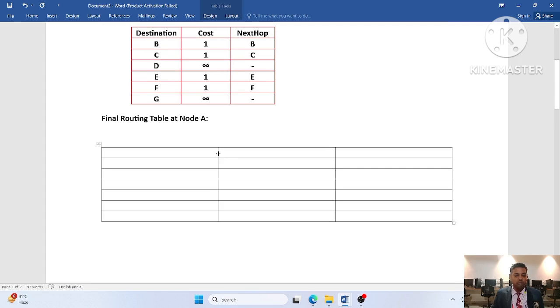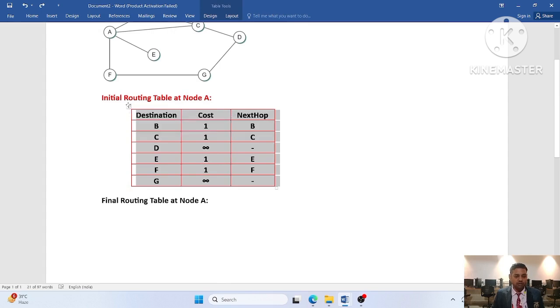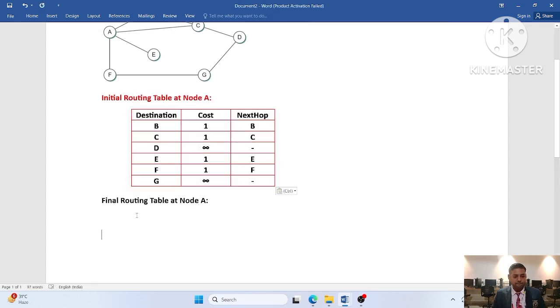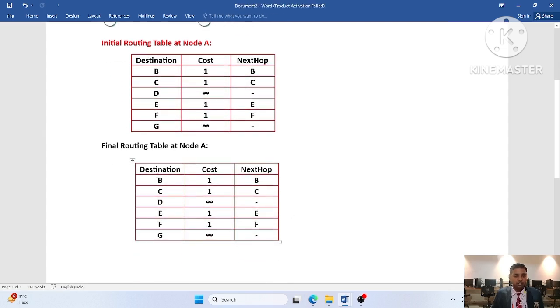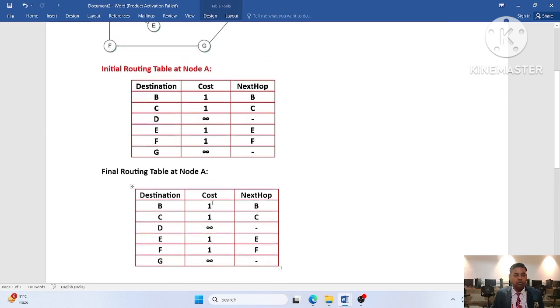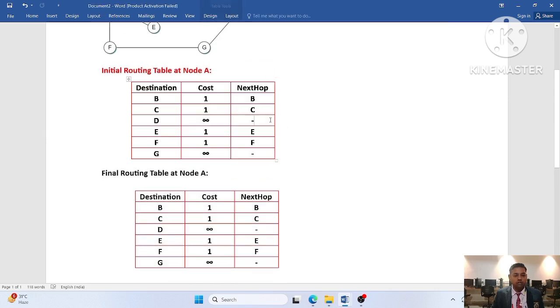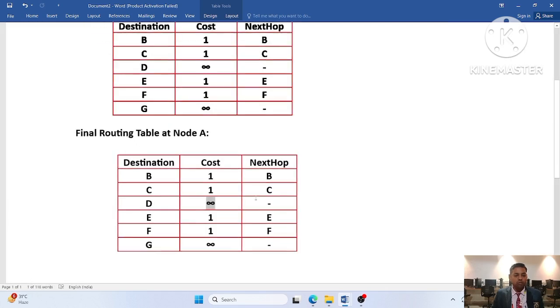Okay, so the same table we are going to construct. Now we have to update this value for D. So how to update this value?